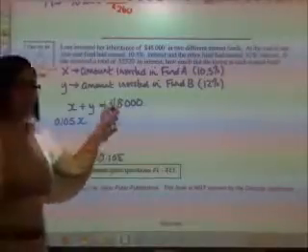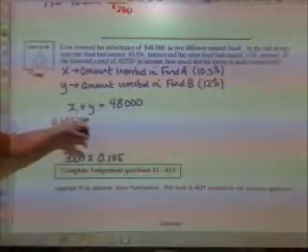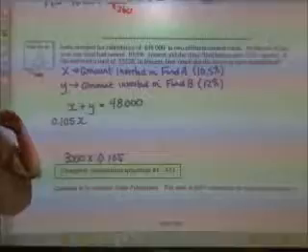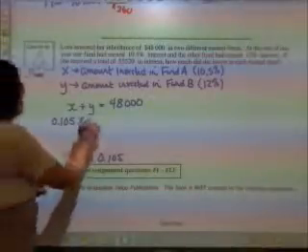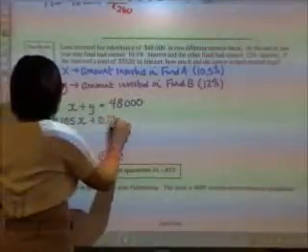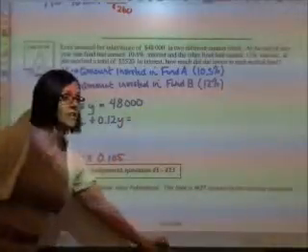And then I can do the same thing for the second fund, only what would I multiply it by? 0.12. And how much interest would that give me?